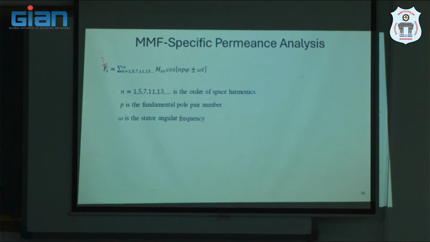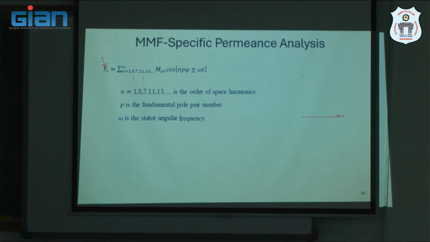One corresponds to the fundamental frequency, 5 and 7 correspond to higher order harmonics in the space harmonics. And we will see that usually the 5th order, 11th order will introduce backward rotating three-phase vector. So what do I mean by that?